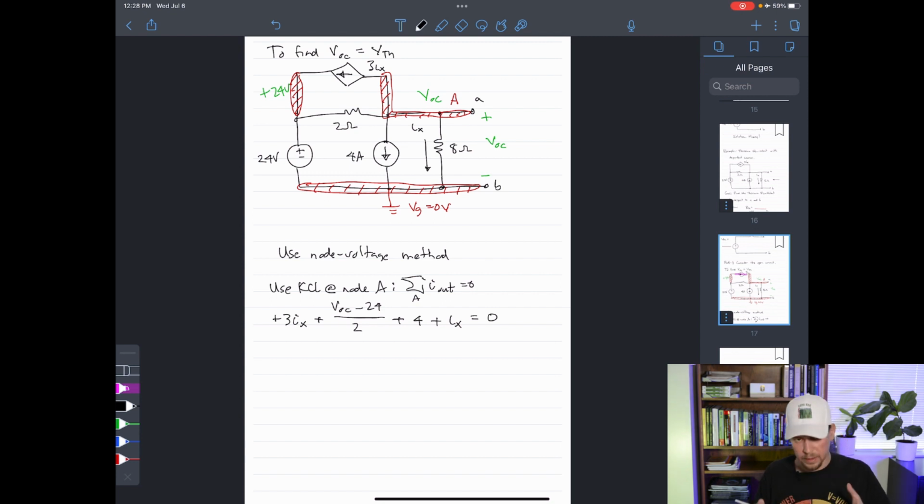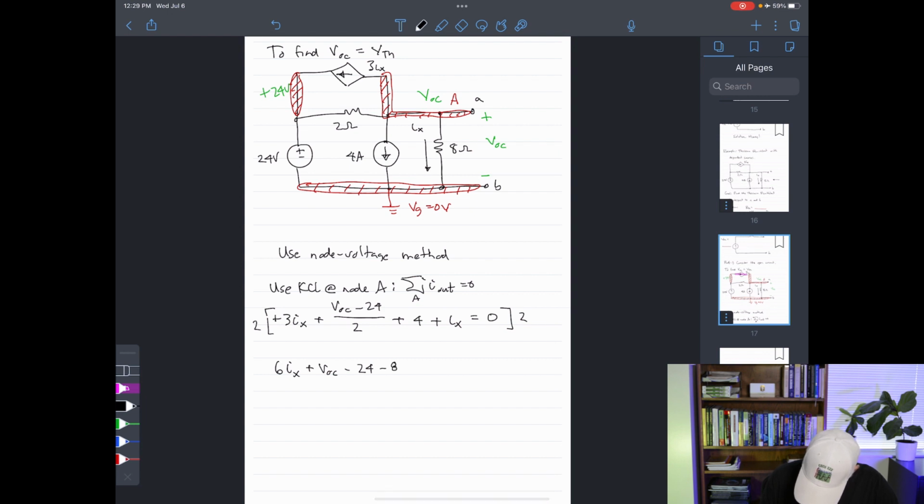I can rewrite this to put this into standard form. So first things first, I'm going to get rid of that fraction. So I'm going to multiply everything through by 2 and distribute. So here I have 6Ix plus VOC minus 24. The 2 times 4, that's plus 8, and then plus 2Ix, that's equal to 0.